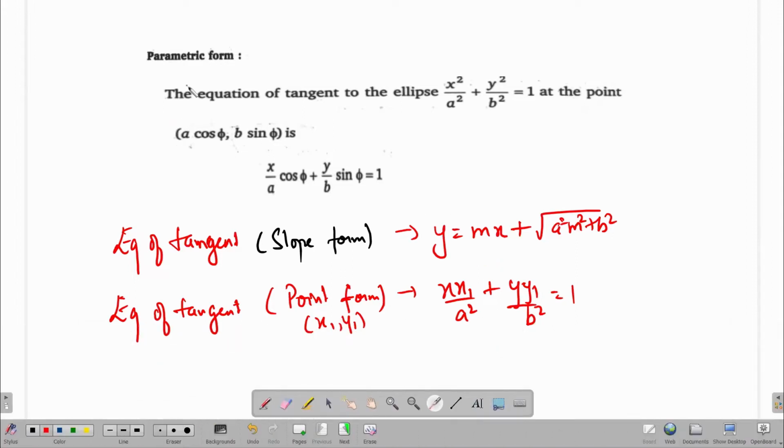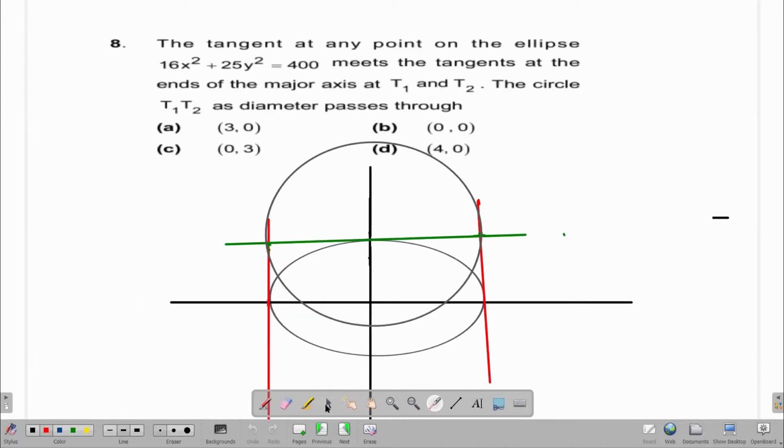There is one more form, and that is the equation of tangent in parametric form, where the equation of tangent to the ellipse at the point (a cos phi, b sin phi), or (a cos theta, b sin theta), where theta is known as the eccentric angle, is x by a cos phi plus y by b sin phi equal to 1. Instead of (x1, y1) we did T = 0 at (a cos phi, b sin phi). Now look how I have done this.